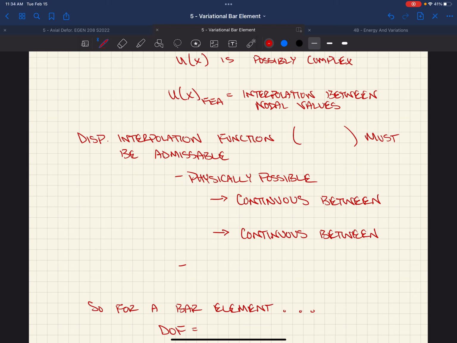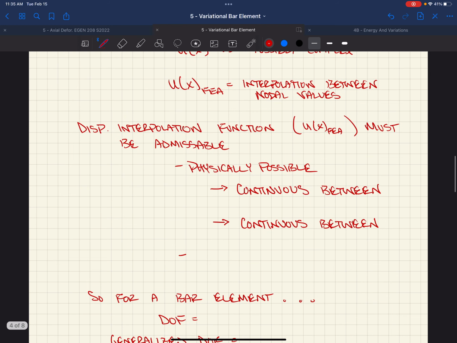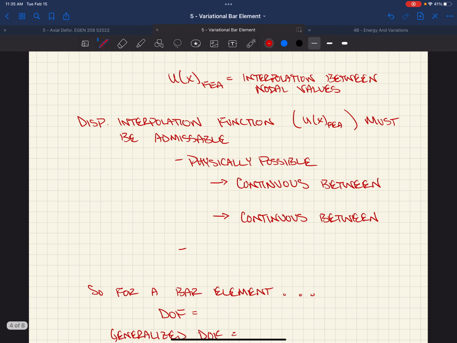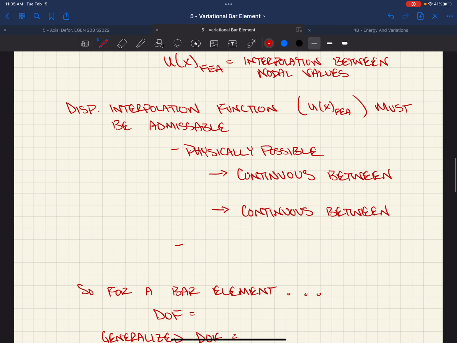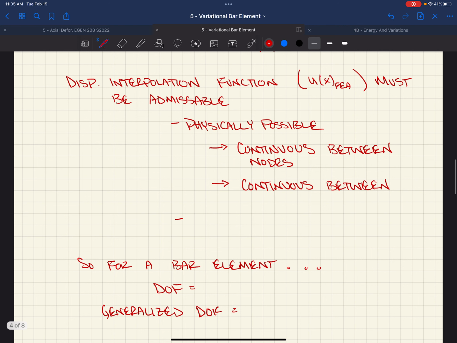And as we know from what we've done previously when we've derived these functions, essentially it's just an interpolation function. This u sub x for our finite element analysis must be admissible. It has to be physically possible. It means it needs to be continuous between nodes. It's got to be continuous between elements.